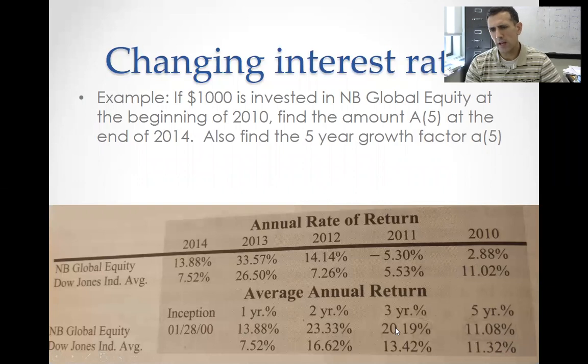So we verified that the 3-year average annual return for the beginning of 2012 to the end of 2014 was 20.19%, and for the full 5-year period was 11.08%. And again, I want to emphasize, despite the name average annual return, we're not literally averaging the interest rates.